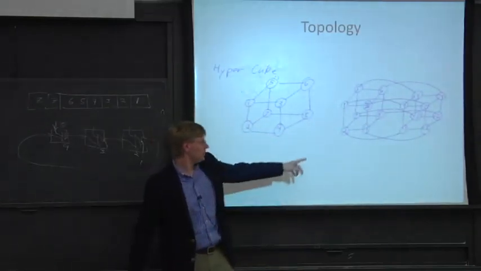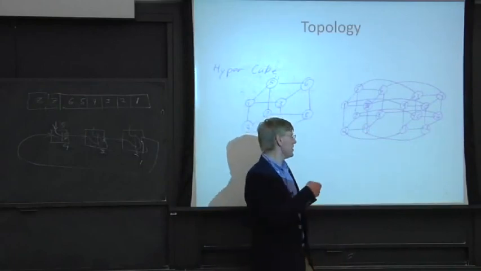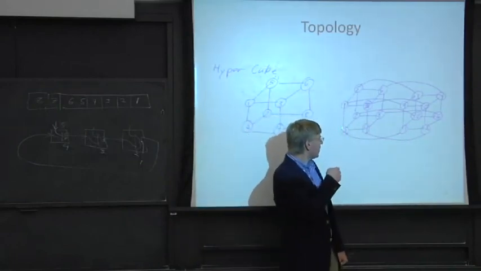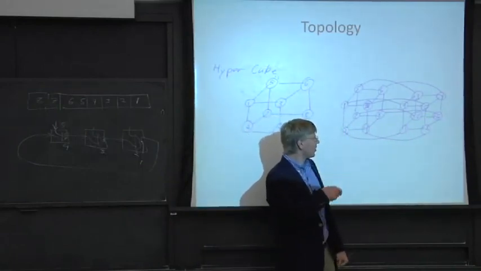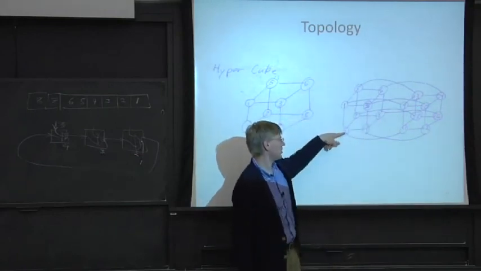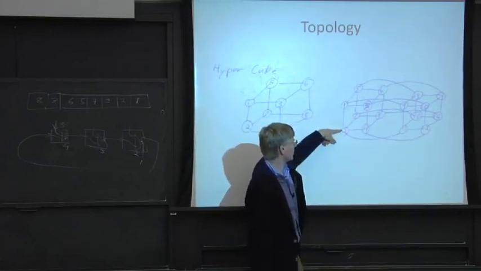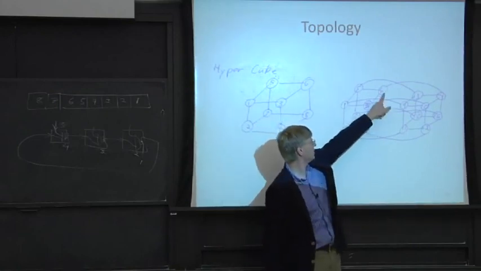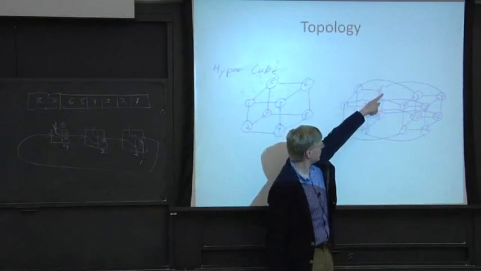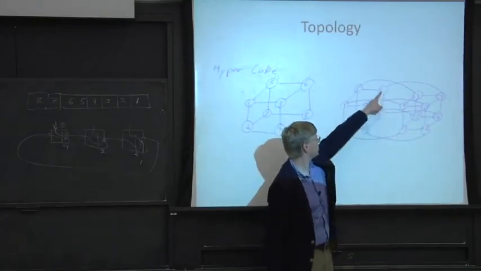But here, we have a 4-dimensional cube. And what's nice about this is the number of hops to get from here to anywhere else is quite low. So let's think where the farthest point in this cube is going to be. Is it here or is it here? 1, 2, 3.